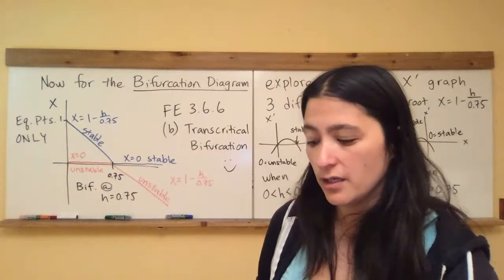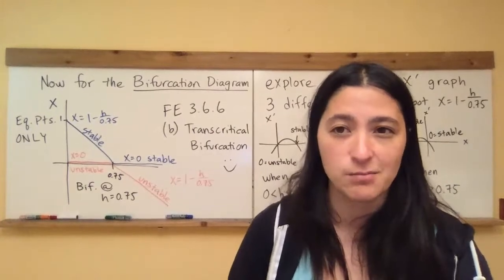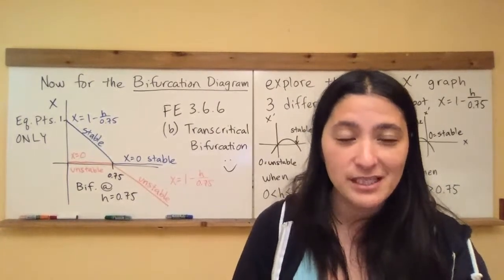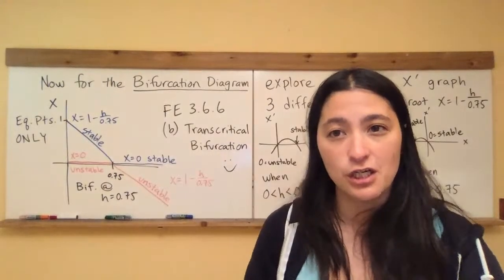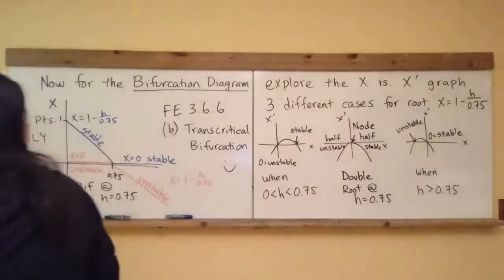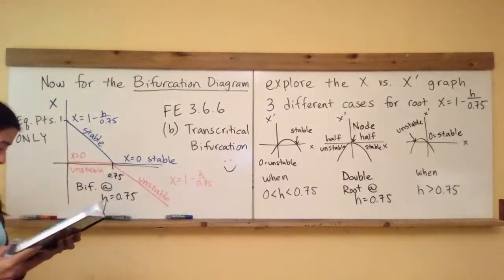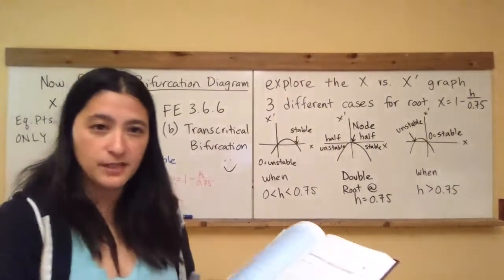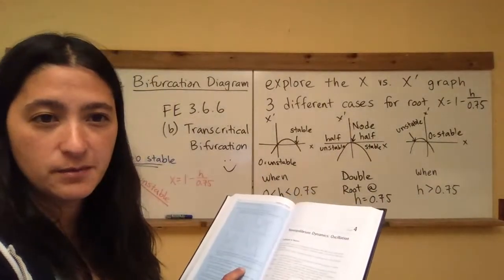So what else does 0.75 represent in this model besides being the value of h at which a transcritical bifurcation occurs? What else is special about it? Rereading the problem, the answer to that question is in the opening sentence of the problem.